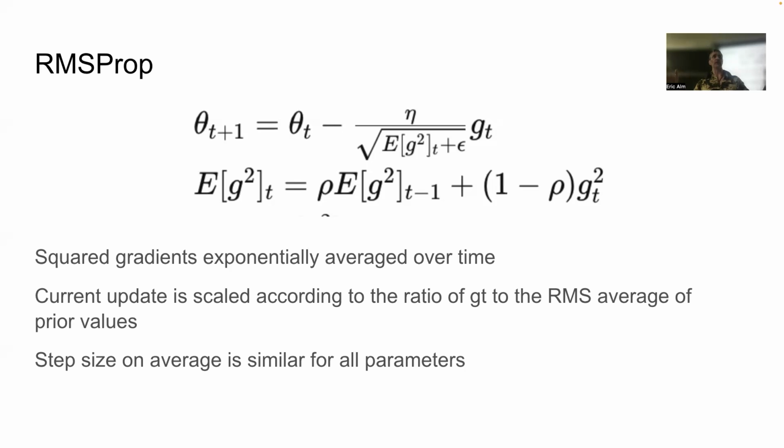And then you're only ever looking at a window of previous gradients. So once you've updated enough, if you've stopped updating this parameter, then you will forget that you updated it a lot in the beginning, and it takes care of that problem.